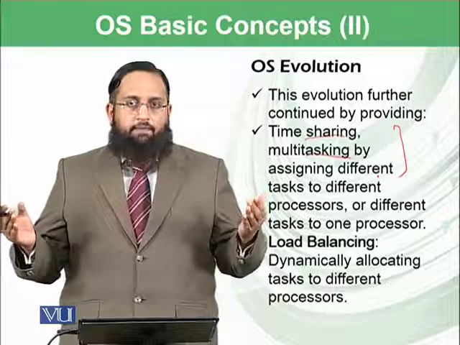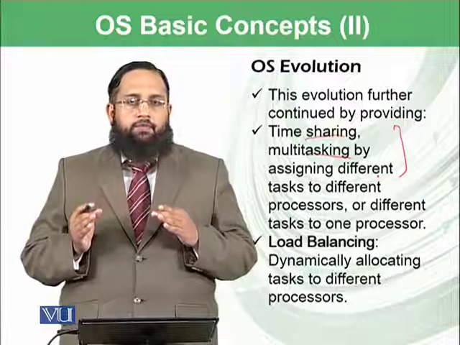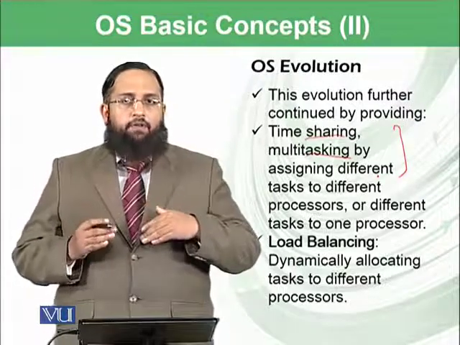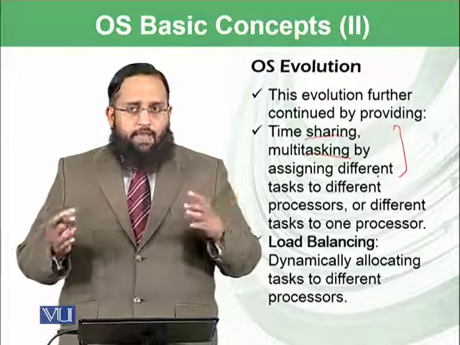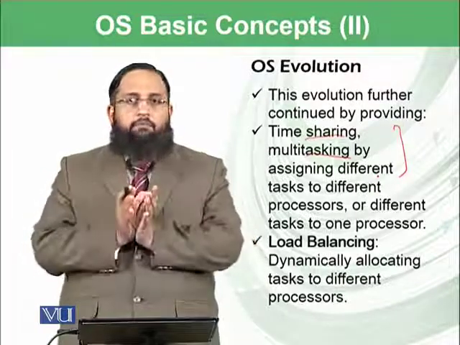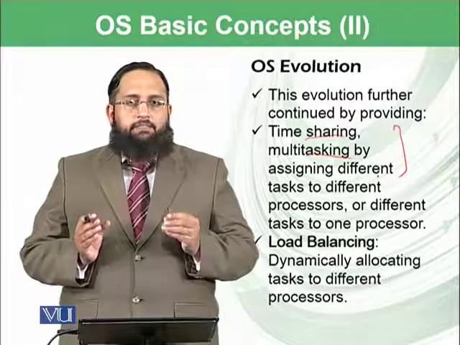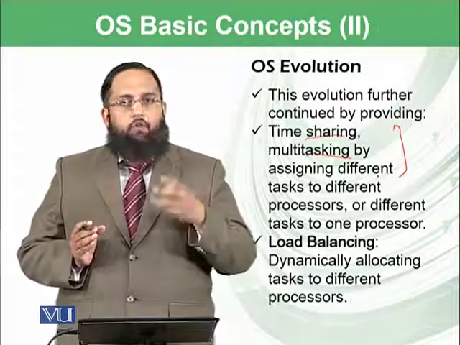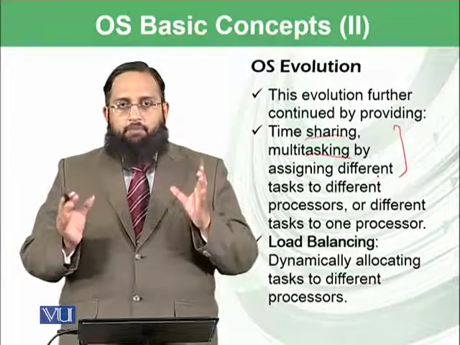For example, if 30 users can be serviced on one CPU, and if we have 10 CPUs forming the same computer, then 30 multiplied by 10, which means 300 users, could be serviced from the same computer.